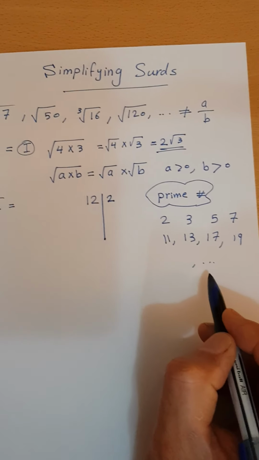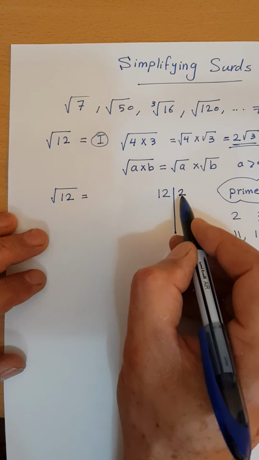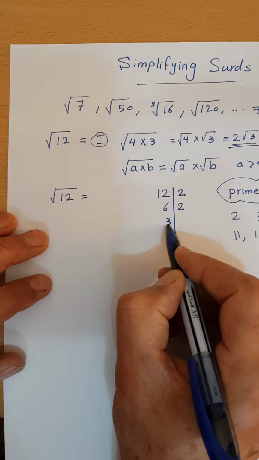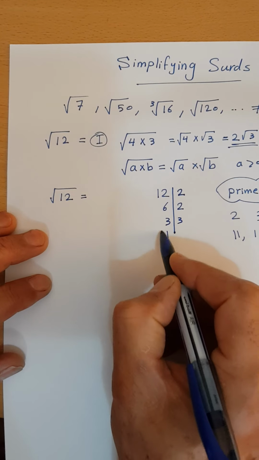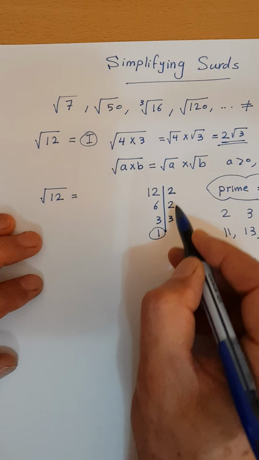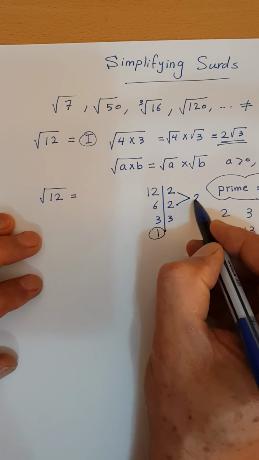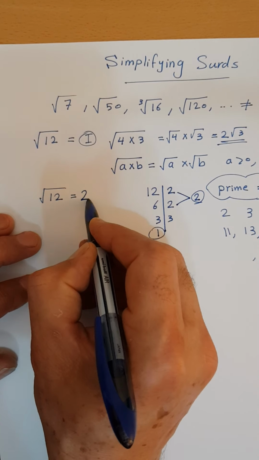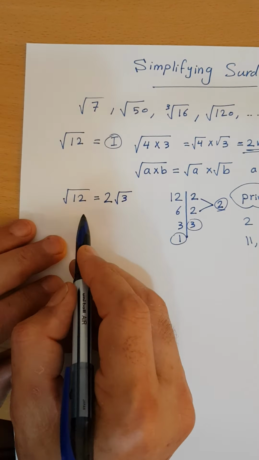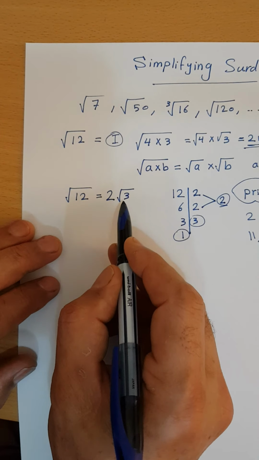So go to 12 and factorize it. 12 divided by 2 equals 6. 6 divided by 2 equals 3. 3 divided by 3 is 1. Once you get 1, this is the factorization: 2 times 2 times 3. From this couple of 2's, just take 1 and write it outside. And this single 3, just write it again under the radical sign. This is the way. So root 12 is 2 radical 3.